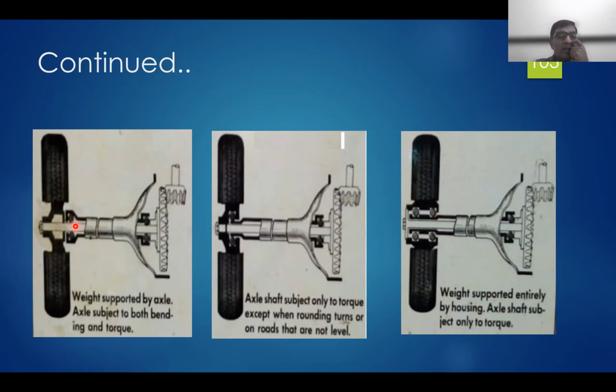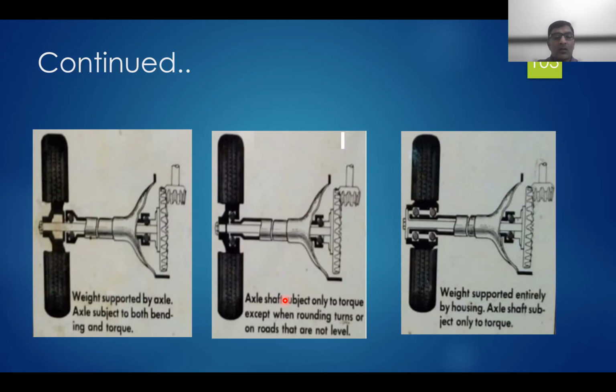You can see here a single bearing, and on that there is the axle, and on this axle leaf spring or suspension springs are provided.